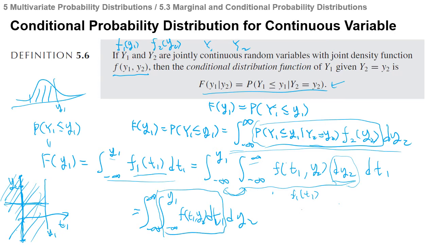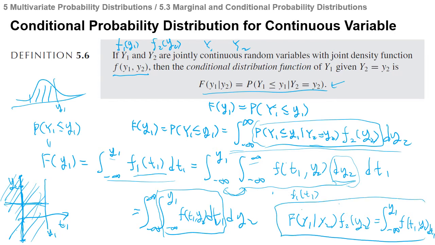So we can say that F(y1 given y2) times f2(y2) is equal to the integral from minus infinity to y1 of f(t1, y2) dt1.